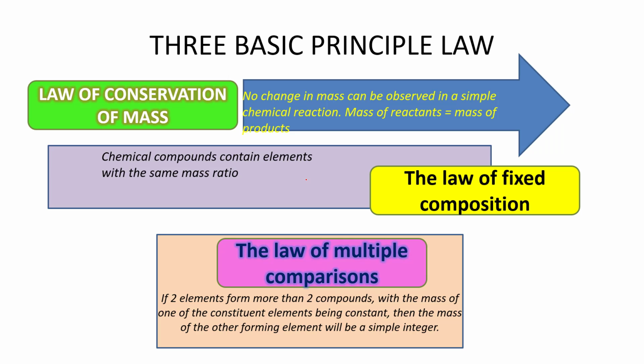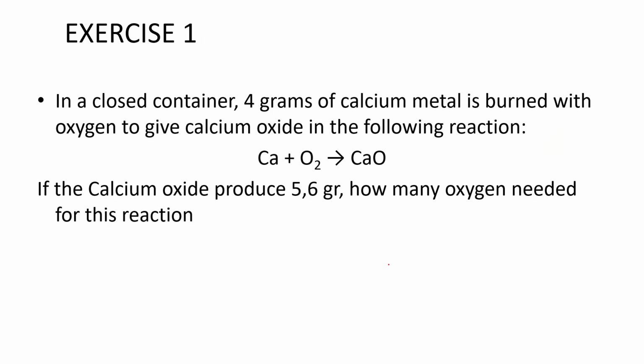Now we will review them. They are the law of conservation of mass, the law of fixed composition, and the law of multiple proportions. In order to understand the laws, it is easier to apply them in exercises.